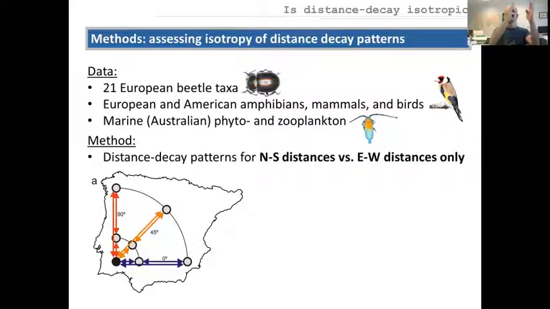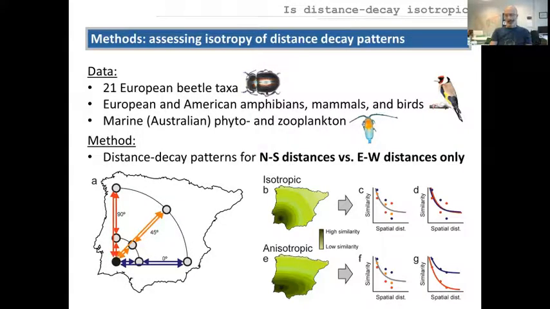So what we do is just consider places separated in a specific angle or in a stripe of the geographical area, and if the pattern is isotropic, as I'm showing in the first row, both curves in north-south or east-west direction would be very similar, and if the pattern is anisotropic, both curves would be very different because turnover would be faster in one of the directions.